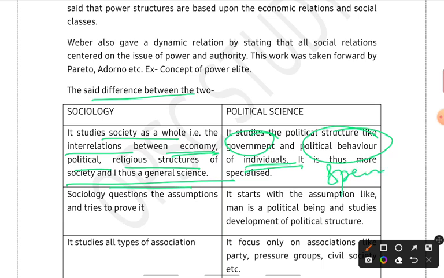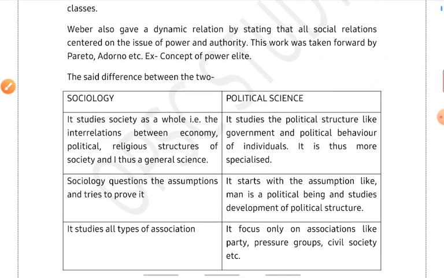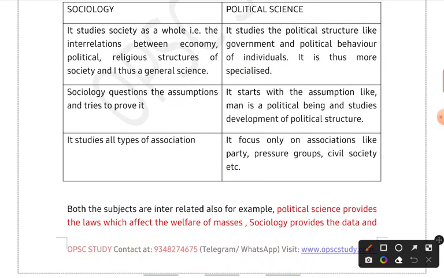As we know, it will only include the political parts like the executive, legislature, and judiciary. It will only include them. Then sociology questions the assumptions and tries to prove them, so it is broad in nature.